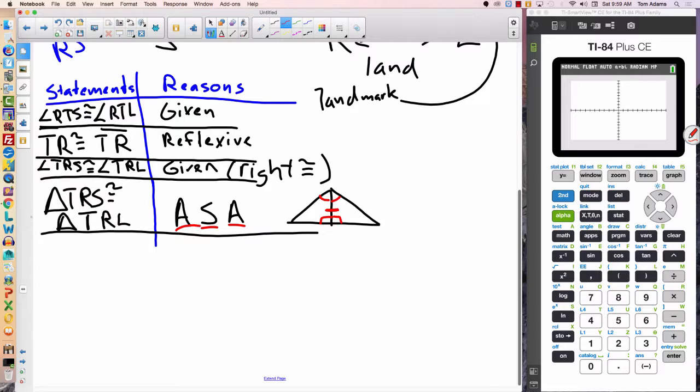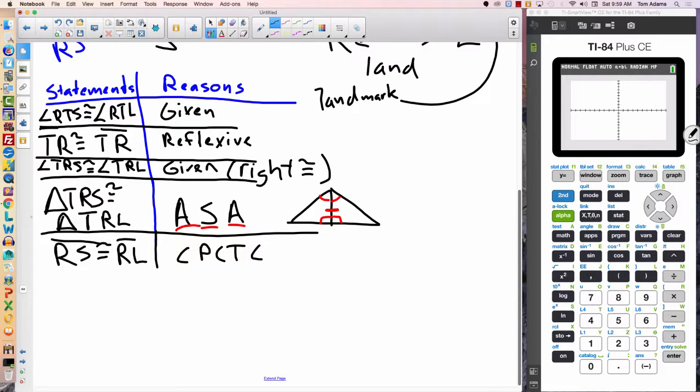Theorem for congruence. And then lastly, because they're the same, I could say that RS is congruent to RL. Easy peasy. And this is because corresponding parts of congruent triangles are congruent.